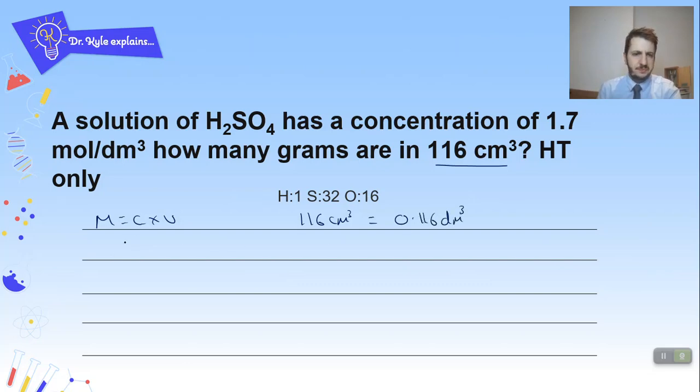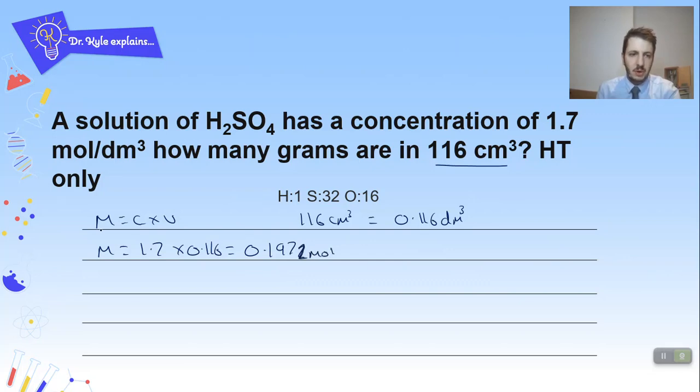So M equals my concentration 1.7 times 0.116 equals, stick this in, that comes out as 0.1972.